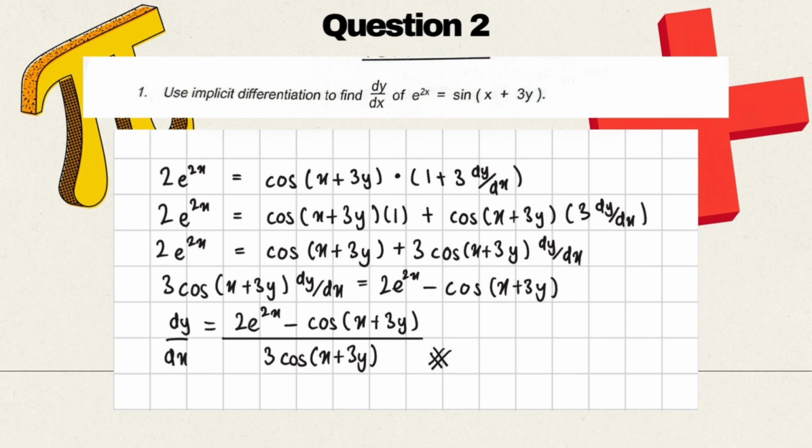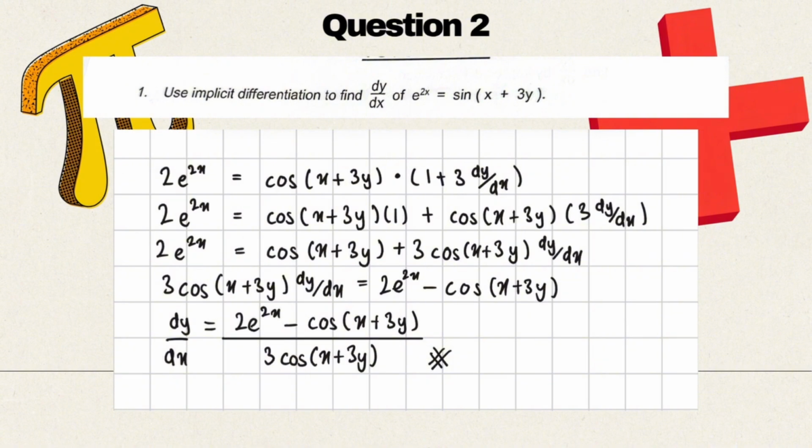First, we need to differentiate all the terms in the equation. On the left side, it will be 2e to the power of 2x, and on the right side, it will be cos(x plus 3y) multiplied by (1 plus 3 dy/dx). Then, we expand the right side, so it will be cos(x plus 3y) plus 3 cos(x plus 3y) dy/dx.